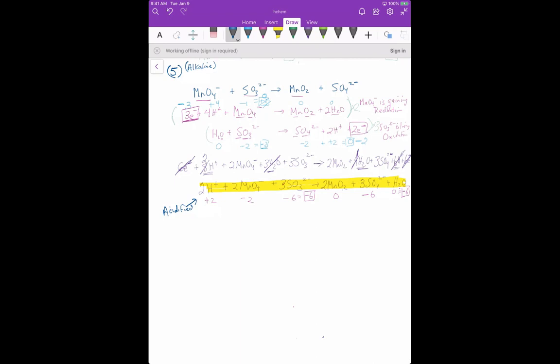What if we wanted to make it basic? So if it's in alkaline, alkaline means basic. What we know is that when we have H plus, we can neutralize it with a base. So if this is an acid and this is a base, we can actually get water. So that's a very typical acid base equation that shows us the H plus and the OH minus neutralizing each other.